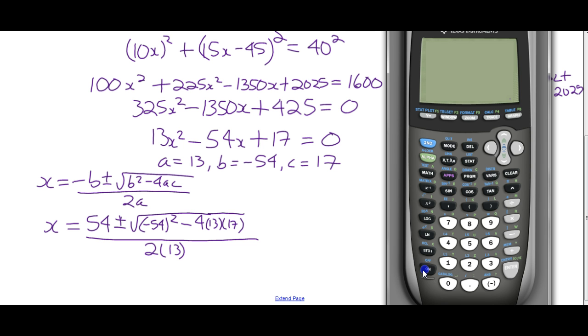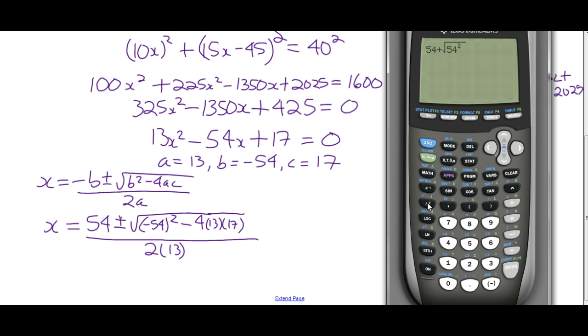Okay, so let's do this. I'm going to go 54 plus, because this is our actual answer, the square root of, so I'm going to work this out first, then I'll divide by 26, right? Because otherwise I have to put brackets around the whole 54 plus. So I'm just going to do this. 54 plus, I'm not going to put negative 54, right?